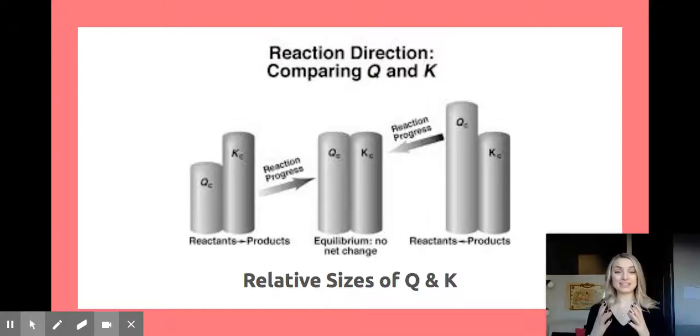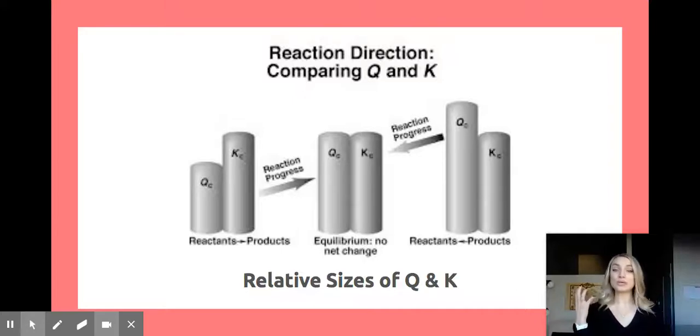First off, the basis of all of this is the understanding that Q is equal to K at equilibrium. That's when our concentration of reactants and products is no longer changing because they are at the equilibrium point. If we have a Q value that is smaller than our K value, that means we have a smaller amount of products than we have reactants, which gives us a small Q value, relatively speaking.